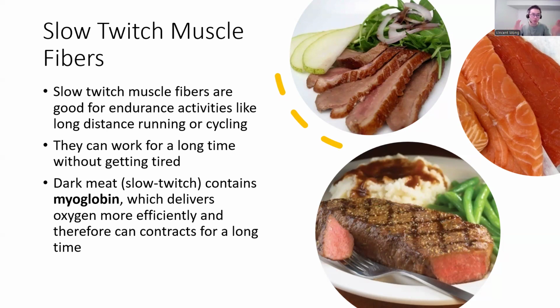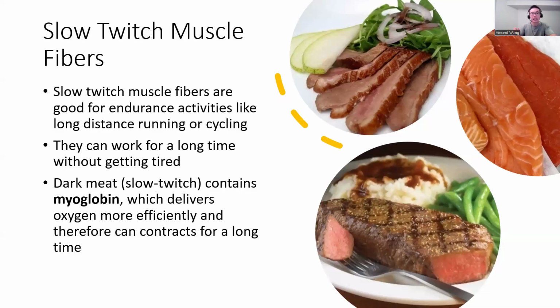But first, slow twitch fibers, as the name implies, do not really produce explosive forces. They are relatively slow in contraction, and in doing so, they can sustain contraction for a very long time without getting tired.